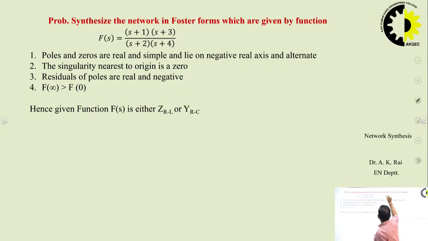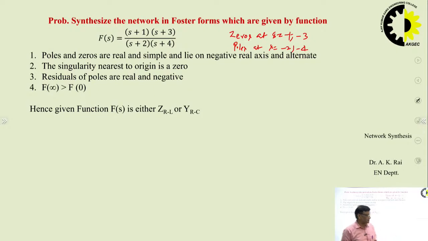Here zeros at S equal to -1 and -3, and poles at S equal to -2 and -4. So singularity means either a pole or a zero.